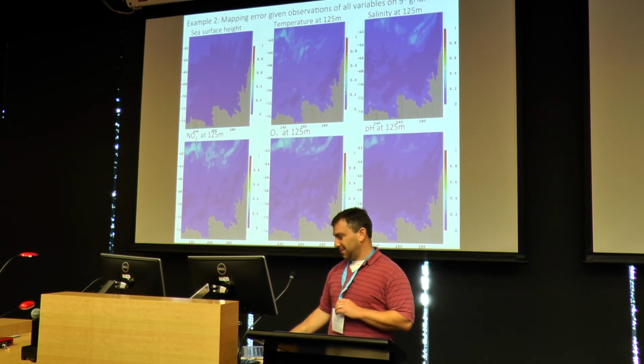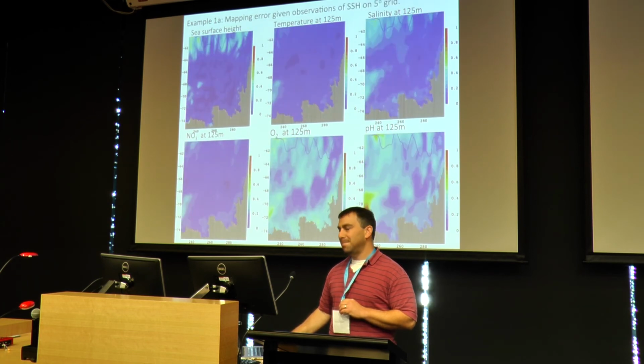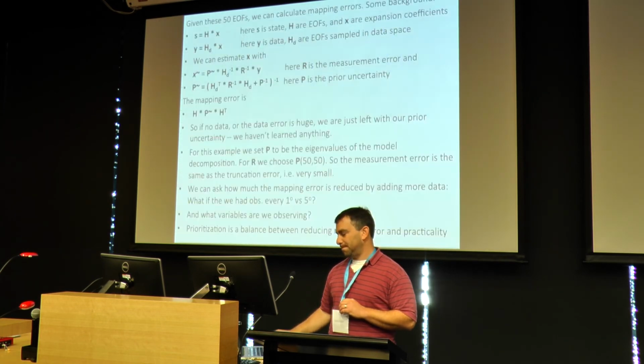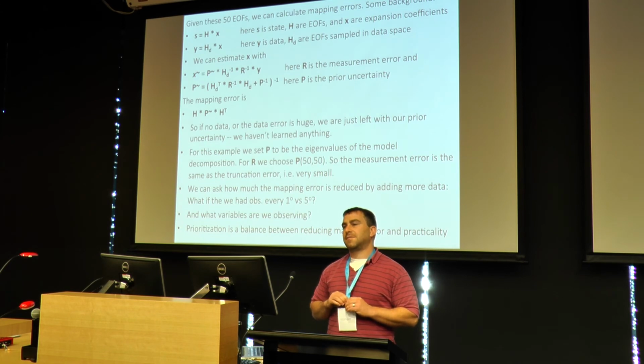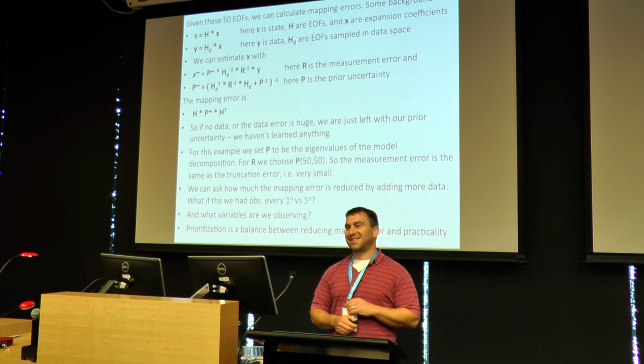Space and time here. When we look at these maps, we should think of that as if we made a measurement at one instant on a 5-degree grid. This is how those spatial correlation scales would imply that we would get those other variables at that time. Yes, I've frozen time, so it doesn't say anything about the temporal resolution of measurement or the ability to get temporal information.